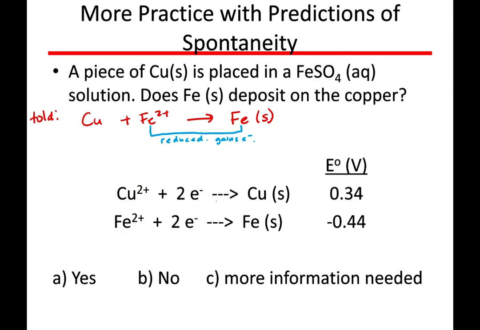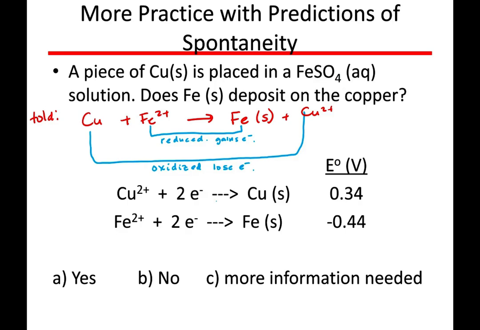And if something is being reduced, then that means that something else has to be getting oxidized, right? That means that the copper has to be the thing that's getting oxidized here. So the copper will be oxidized, the copper will be losing electrons. And that means that the copper will go to the form of Cu2+ ion.